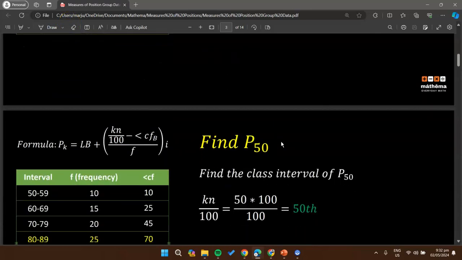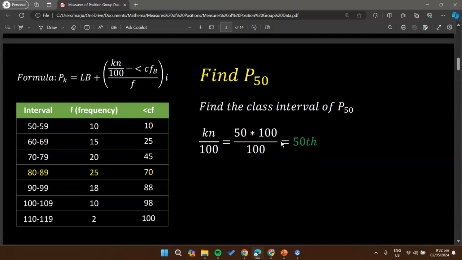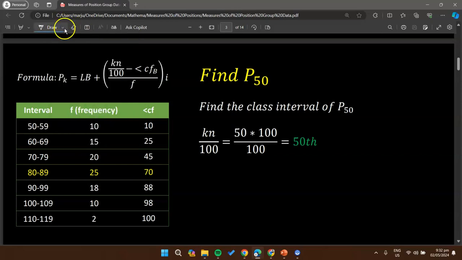So the next slide is saying to find the class interval of the 50th percentile. So how do we do that? How do we find the 50th percentile? We are going to make use of this formula. We have Kn divided by 100. K stands for our percentile, and N is the total number of frequencies, and 100 is our constant.